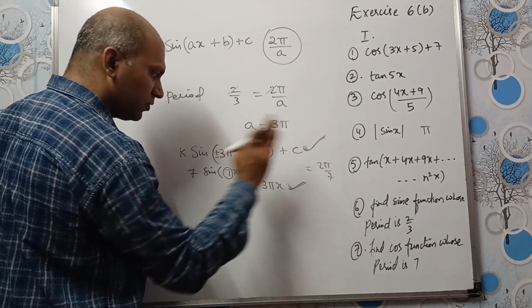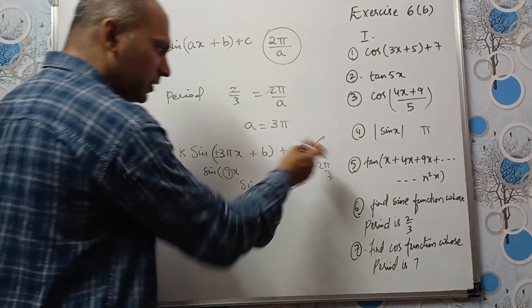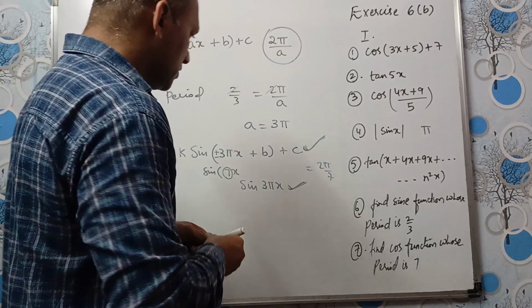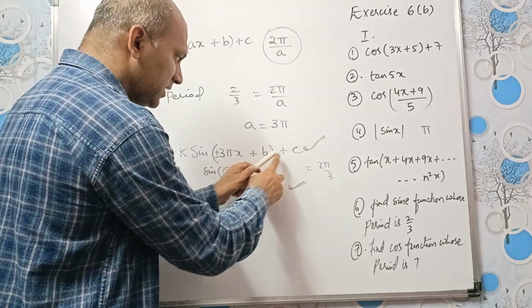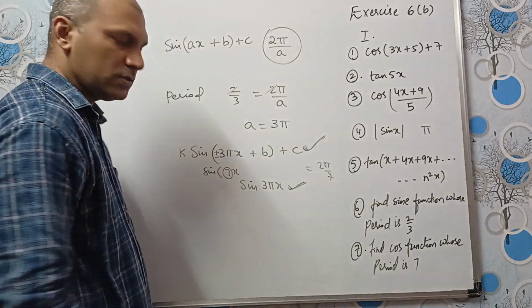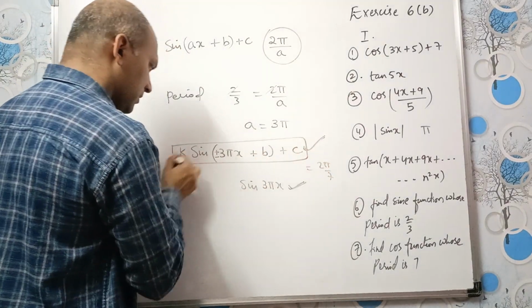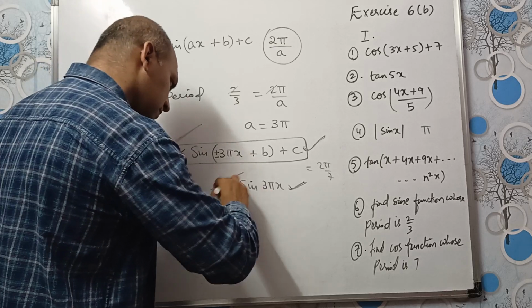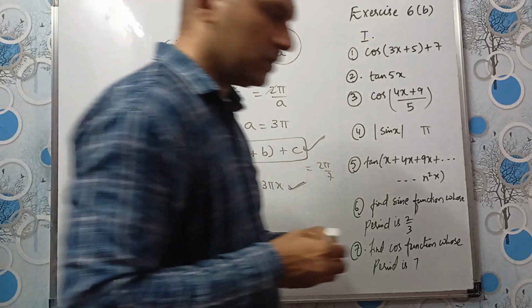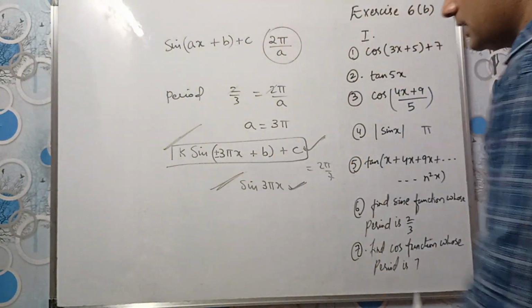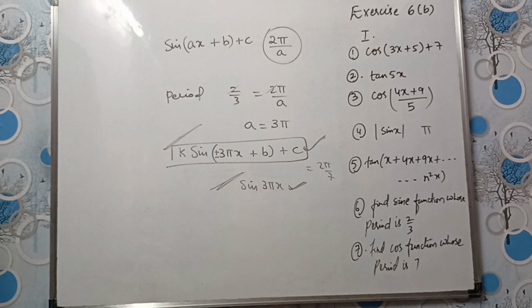Even if this 3 is not there, 2 pi by 7. Even if this 7 is not there, 2 pi by 7 only, right? So we don't know whether we have b, c and k in this or not. So just to be on the safe side, we can write it like this. This is also absolutely correct. This is also correct. Don't get confused. Why am I writing the wrong answer here? Both answers are correct.